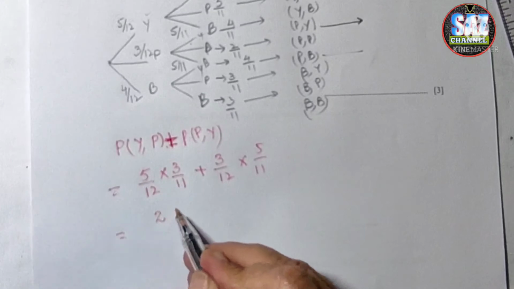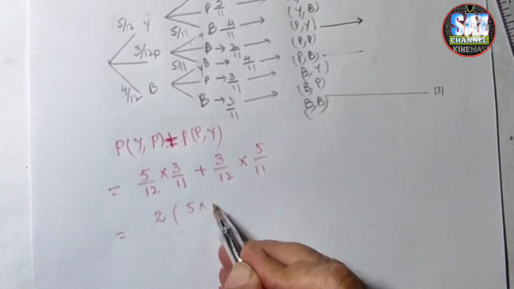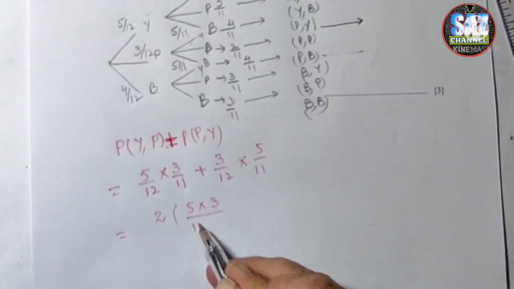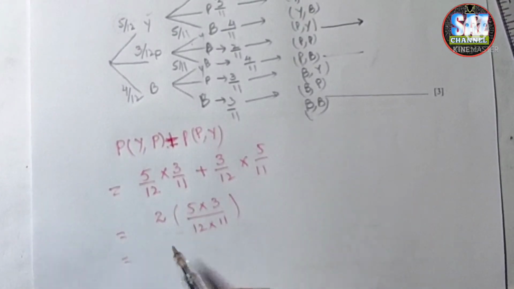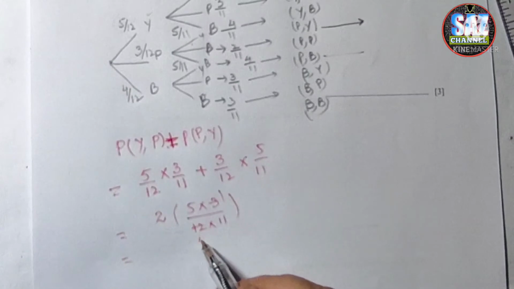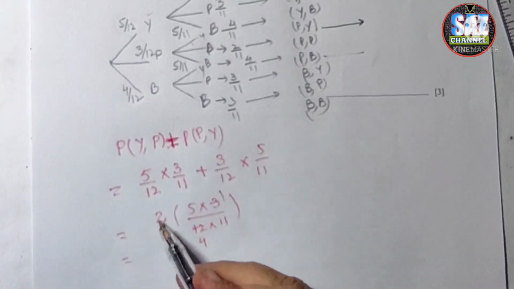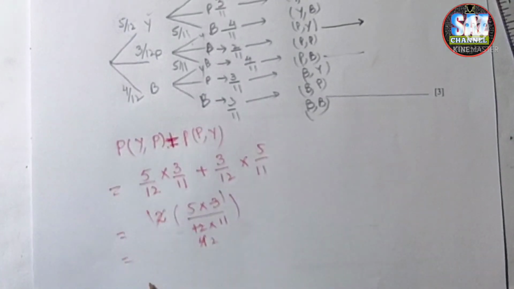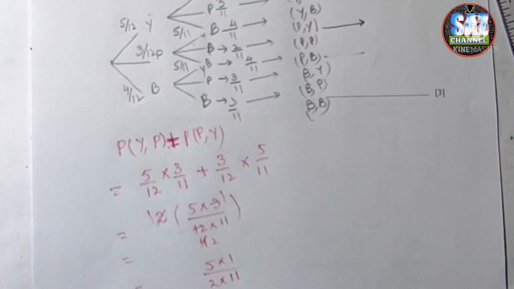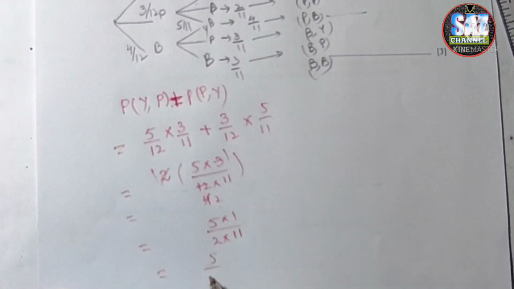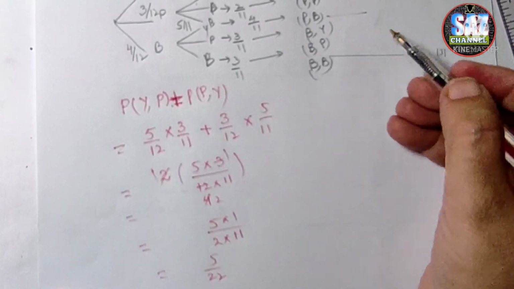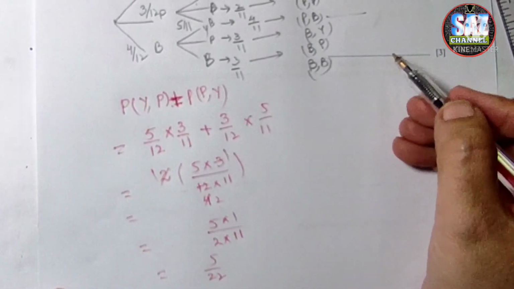So it can be 2 into 5 multiplied by 3 upon 12 multiplied by 11. 3 ones are 3, 3 fours are 12, and 2 ones are 2, 2 twos are 4, and this will take the form 5 multiplied by 1 upon 2 multiplied by 11, or 5 by 22. So the required answer will be 5 by 22.